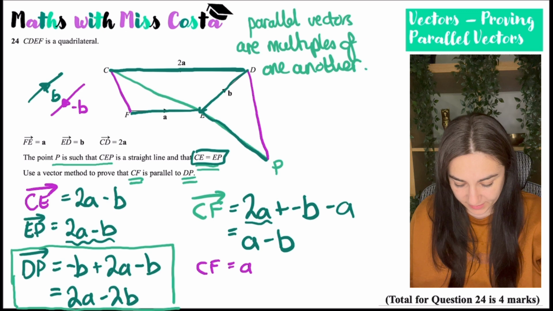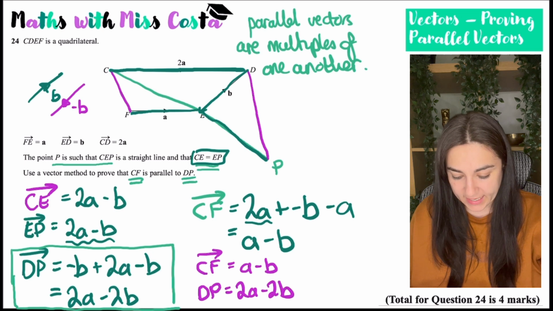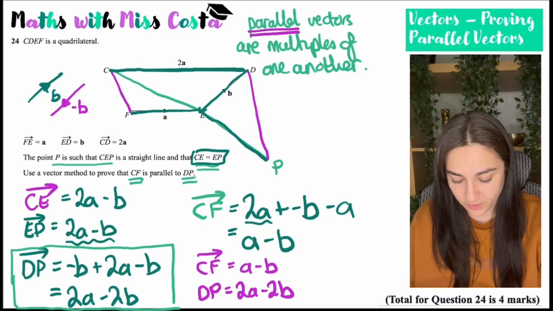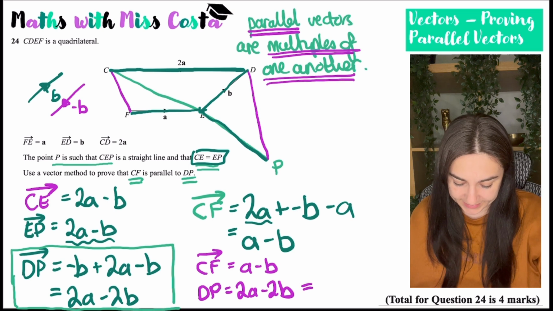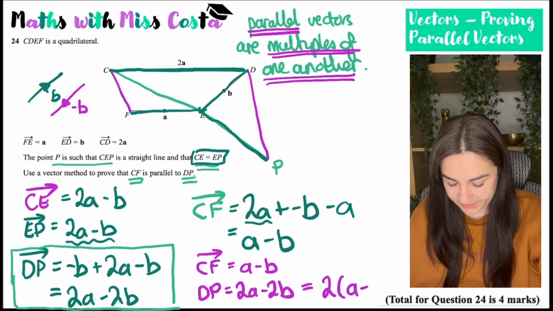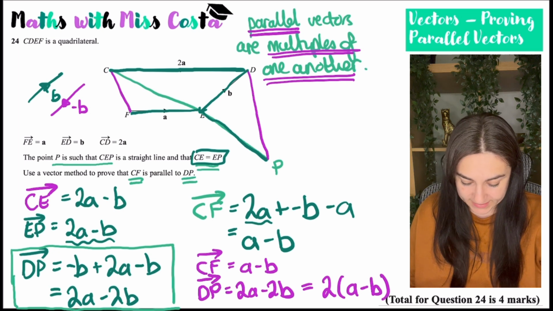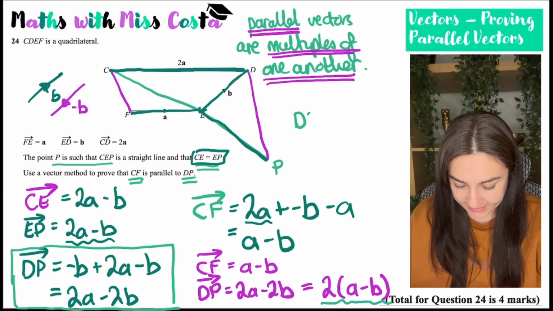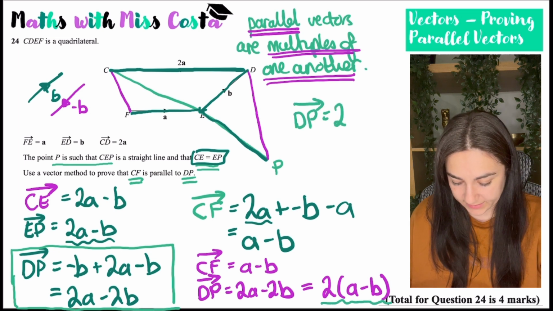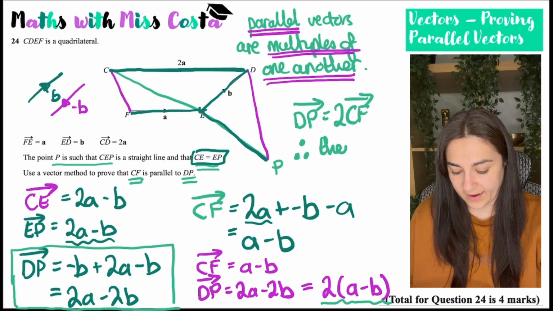Well, CF equals a minus b, and DP equals 2a minus 2b. Now, in order to show that they are parallel, I need to show that they are multiples of one another. So what I can do is factorize this to make it 2 lots of a minus b. So I know that DP is 2 lots of the vector CF. Therefore, they are parallel.